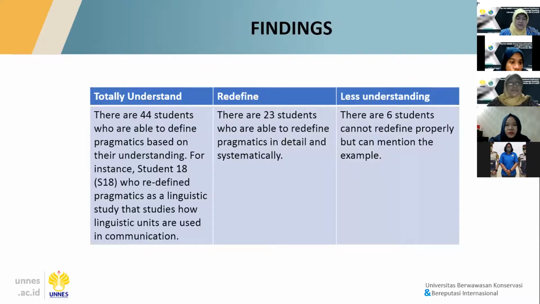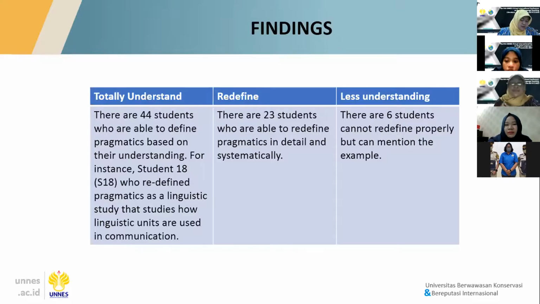The next is about the findings. This is for the first question. The finding shows us that there are 44 students who are able to define pragmatics based on their understanding. So they can totally understand and they try to redefine it based on their understanding. And we give an example, the quote is from student number 18.